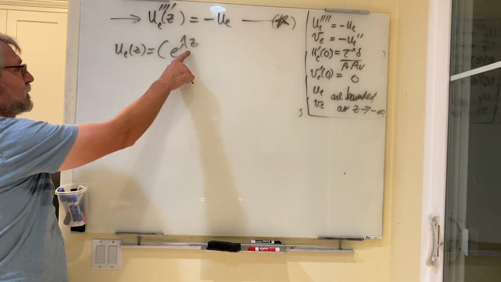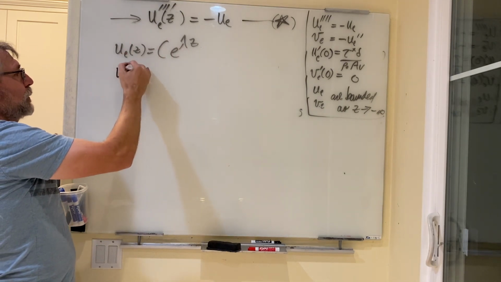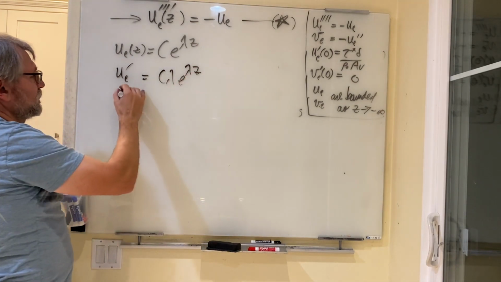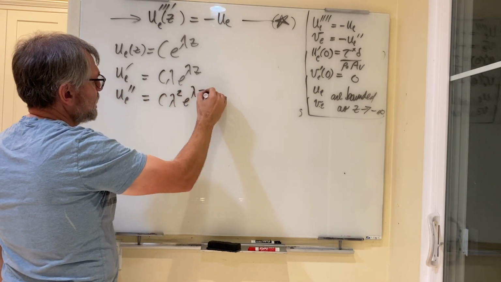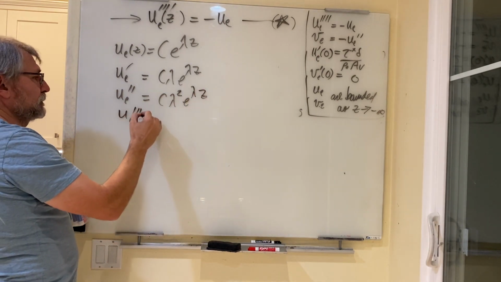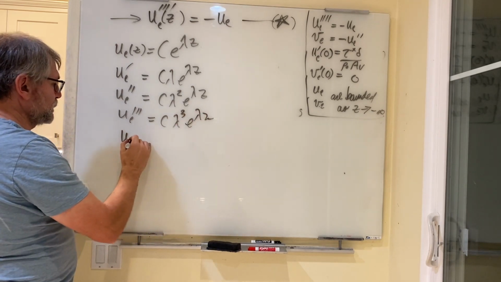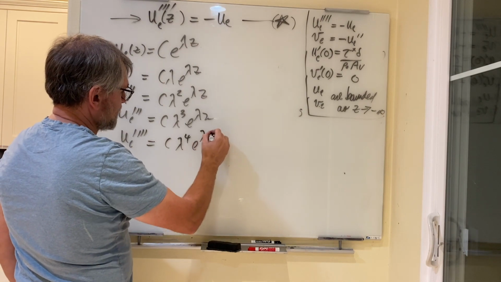So we substitute this in the equation. UE primed gives c lambda e to the lambda z. UE double prime gives c lambda squared e to the lambda z. UE triple primed gives c lambda cubed e to the lambda z. And UE quadruple primed gives c lambda to the fourth e to the lambda z.